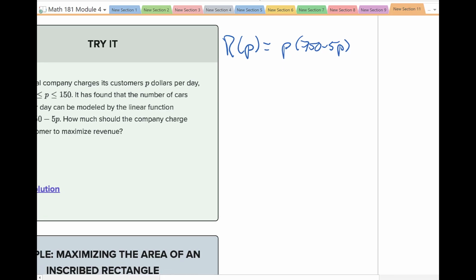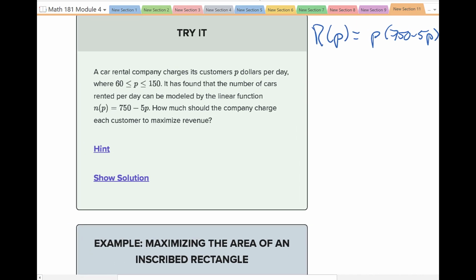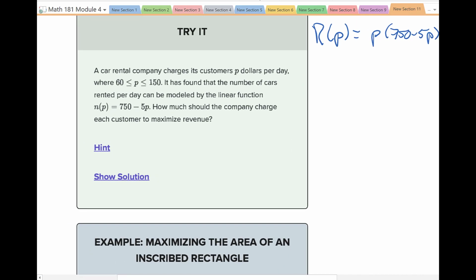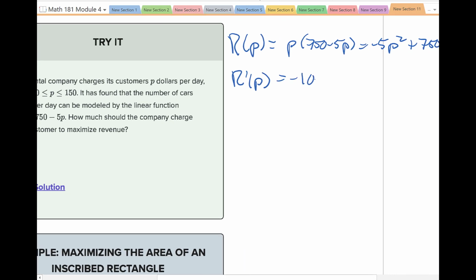So that's going to be negative 5P squared plus 750P. And then we want to find the derivative. R prime of P is equal to negative 10P plus 750. So take the negative 10P plus 750, set it equal to 0, divide by negative 10.